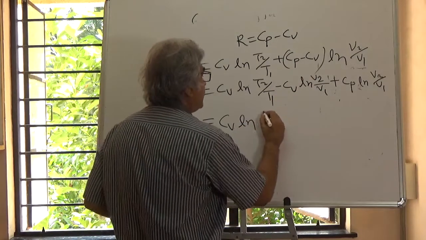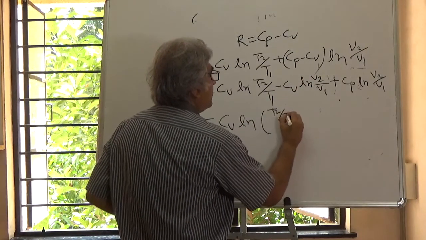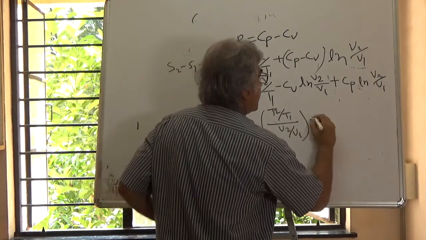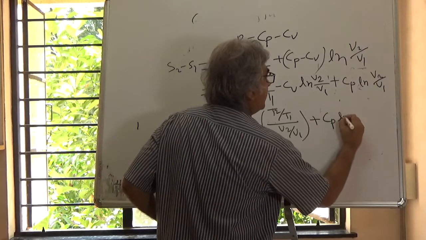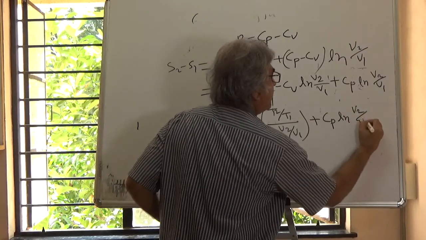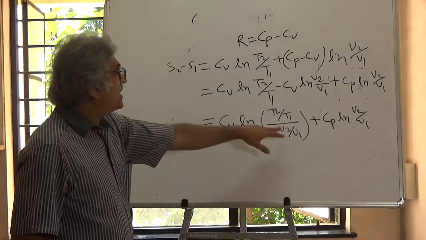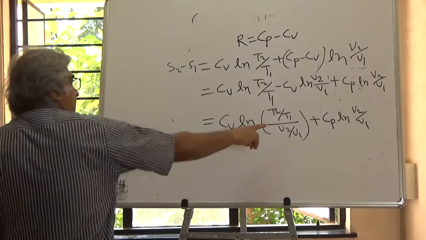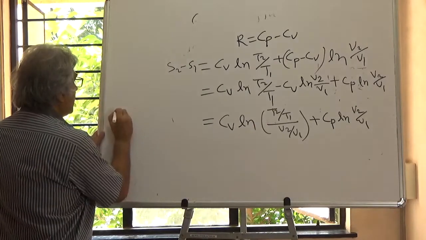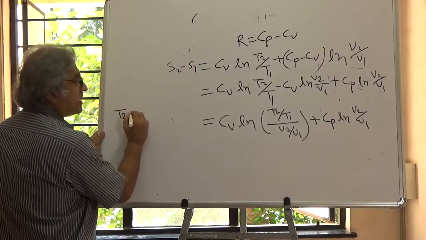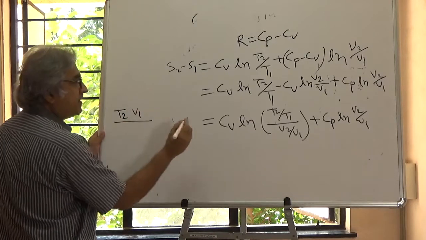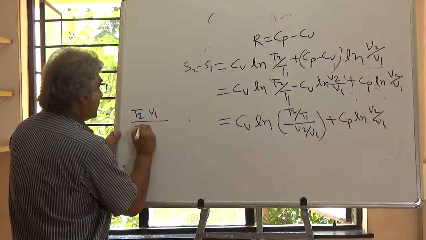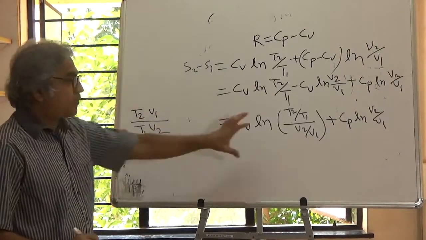So I will write this as Cv ln of T2 by T1 upon V2 by V1, plus Cp ln V2 by V1. Let's rearrange these terms. So this is T2 V1 upon T1 V2.